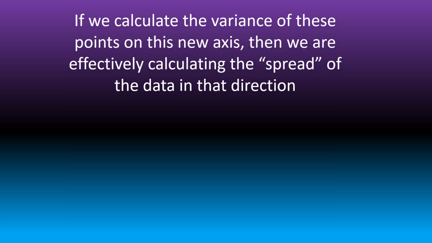So if we calculate the variance of these points on the w axis, then we are effectively calculating the spread of the data in that direction. So we're quantifying the degree to which the variance in our data is explained in a certain direction. So let's do it.